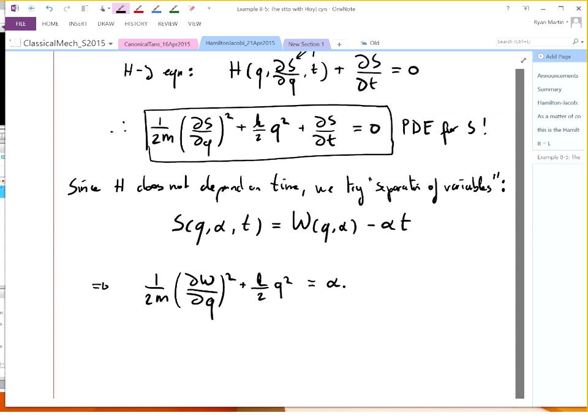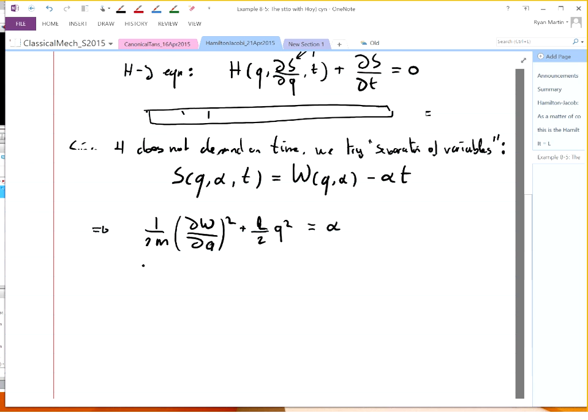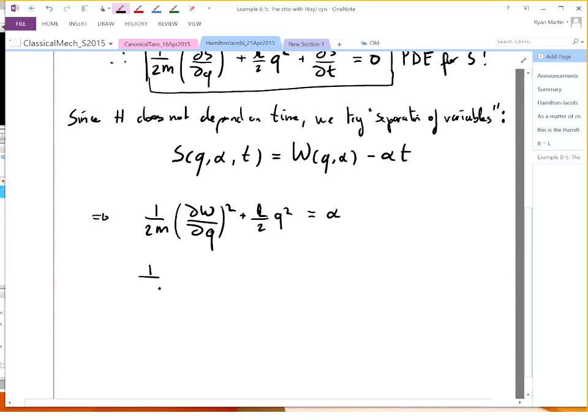That's actually good, because on the left-hand side I have only W's and Q's, and W only depends on Q because alpha is a constant, and on the right-hand side I only have alpha. So I can say this is the total derivative: dW/dQ squared plus k over 2 q squared equals alpha.